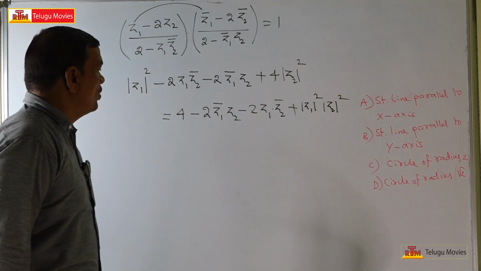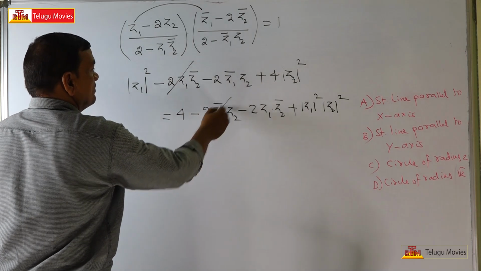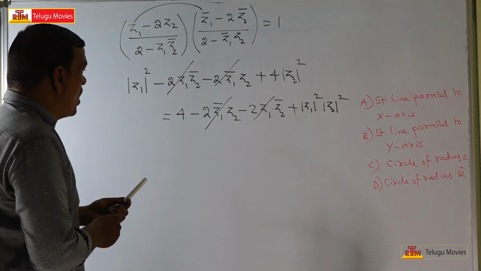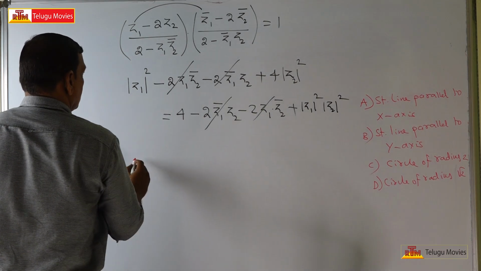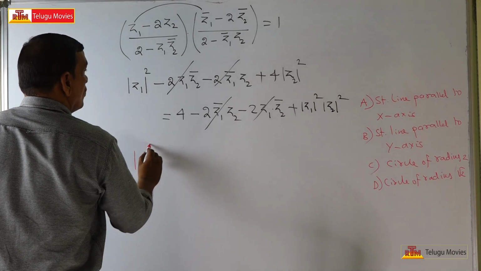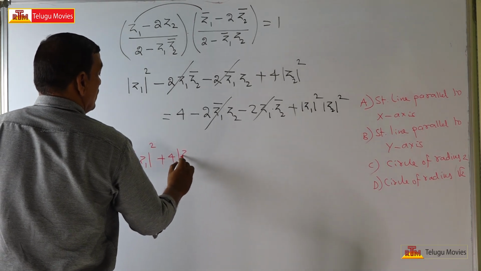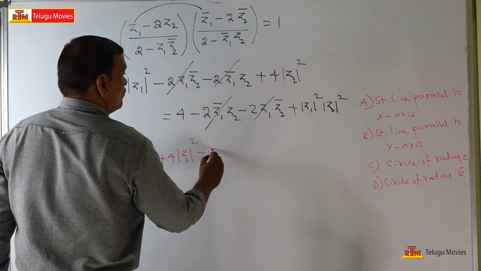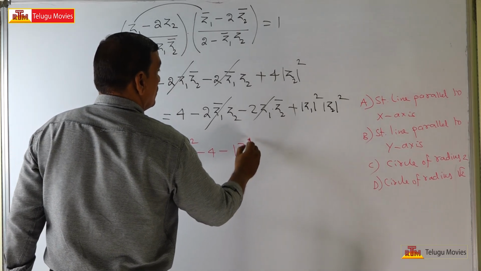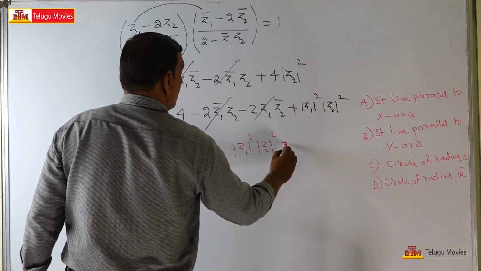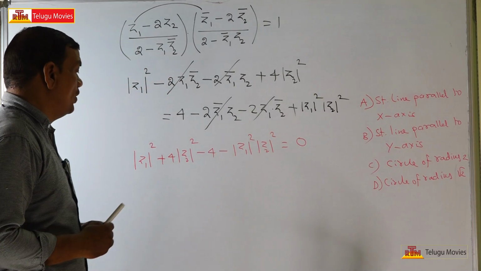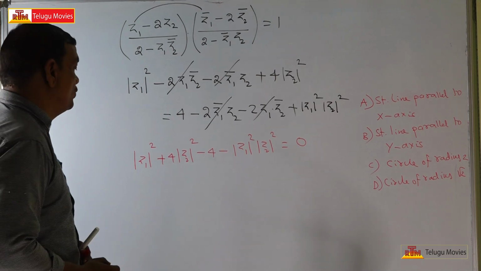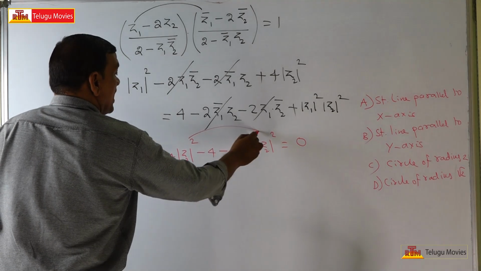Any more cancellations? These two terms will get cancelled, these two terms also will get cancelled. So on the whole, what remains? Modulus of z1 whole square plus 4 times modulus of z2 whole square, taking these two terms also to the left hand side, minus 4 minus modulus of z1 whole square modulus of z2 whole square is equal to 0. Now if you observe, you can factorize this, taking these two terms and these two terms.